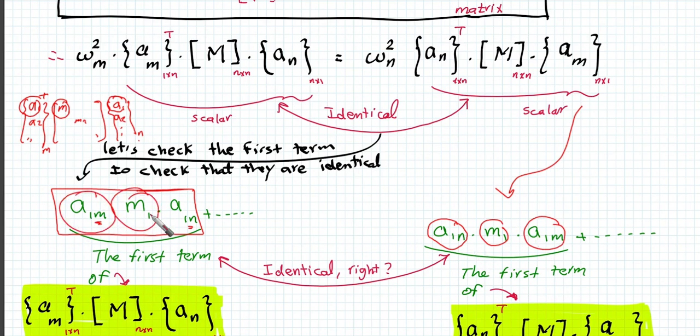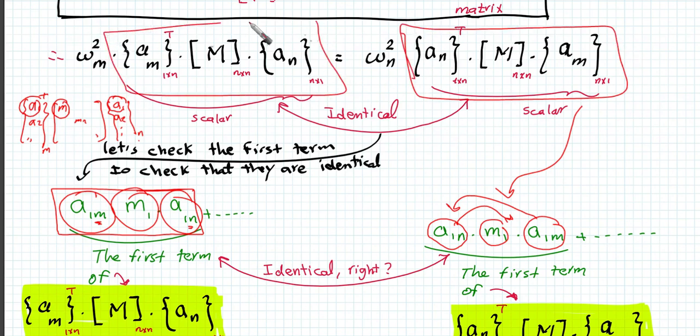A1M, M1, A1N. They are the same; we are just flipping the order, but they are multiplied. It is commutative, so no problem. The multiplication or dot product of these vectors and matrices is going to be the same.